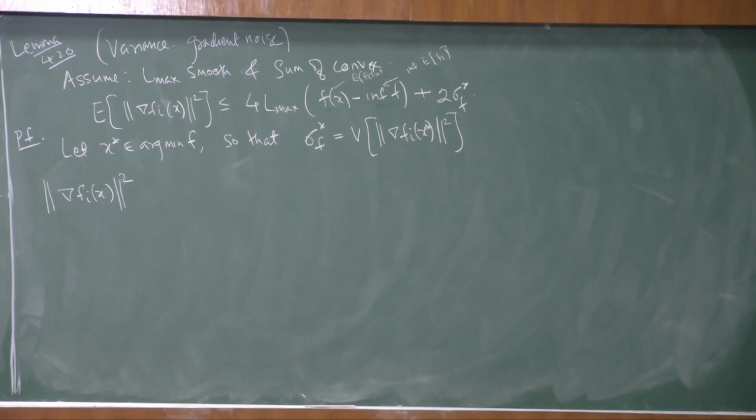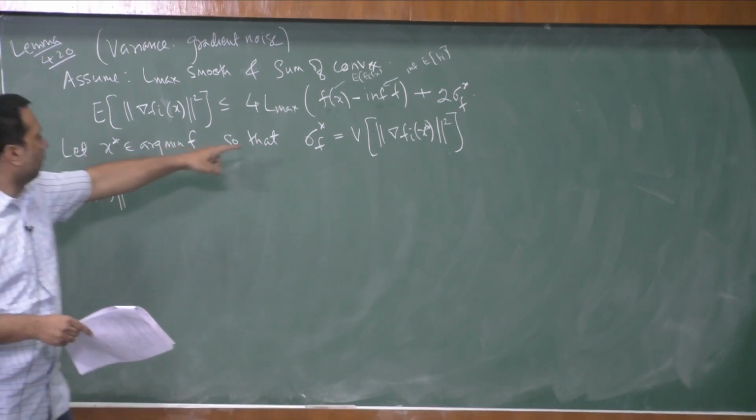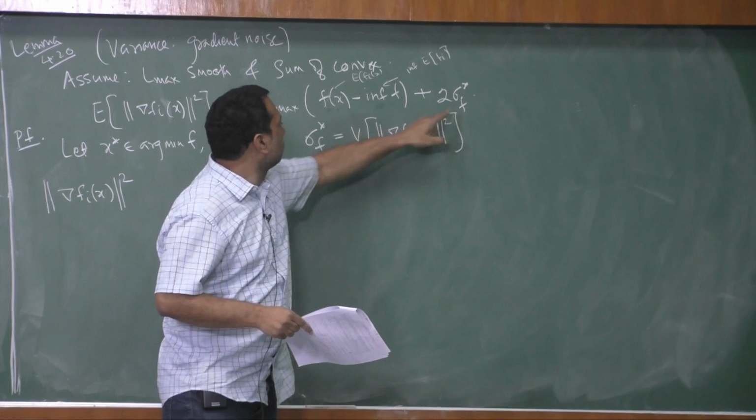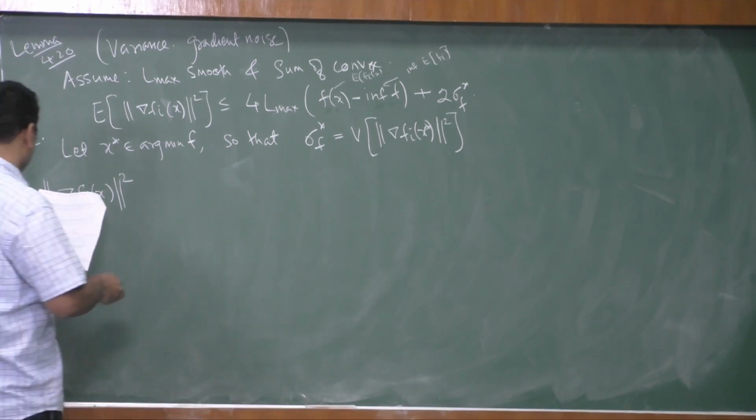So by looking at these hints, we explicitly try to bring it in. I will add and subtract grad fi(x star), so that sigma f star explicitly pops up. The remaining things I still have to see. So let us do add and subtract.